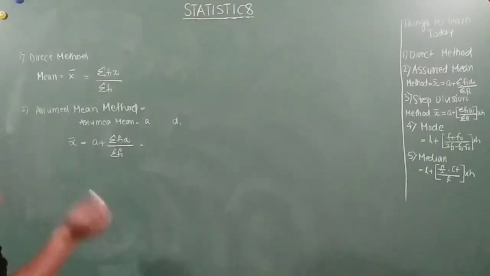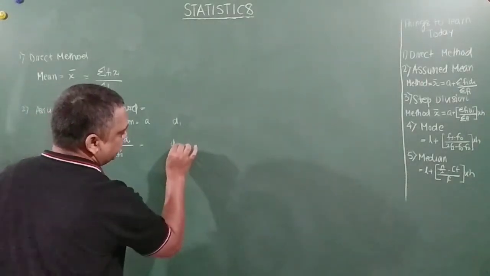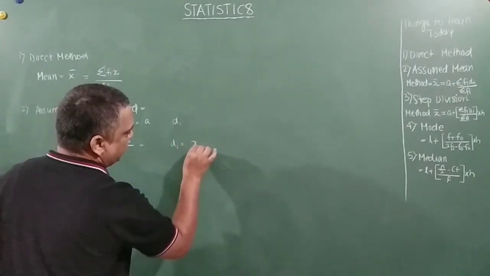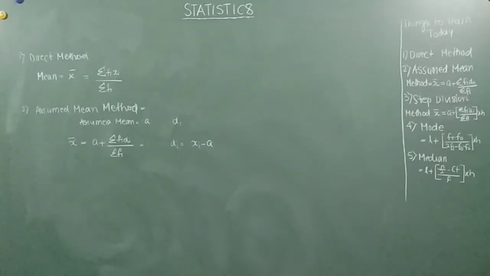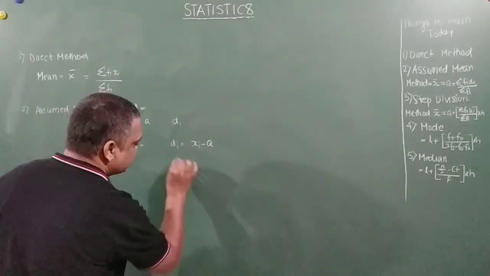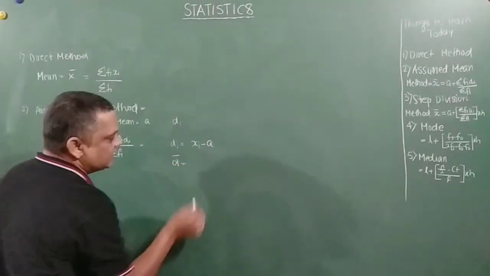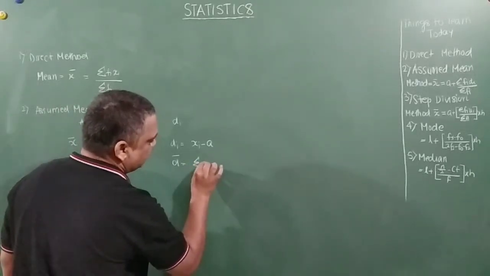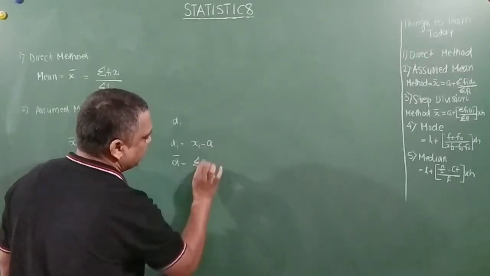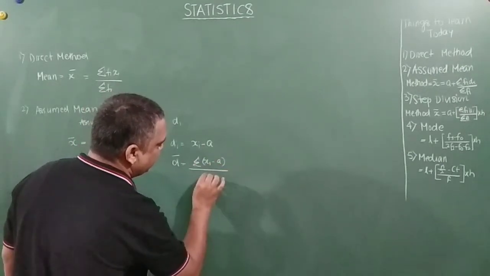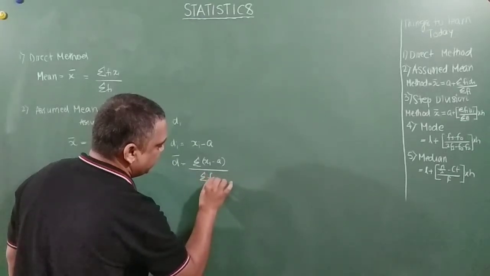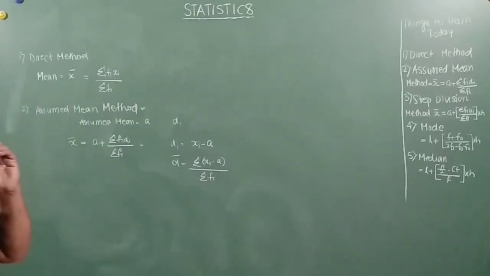So see what we know. We know the deviation, that is di is equal to xi minus A. For all the situations, deviation will be this. So the mean deviation, that is d bar, will be nothing but summation of fi (xi minus A) divided by summation of fi.